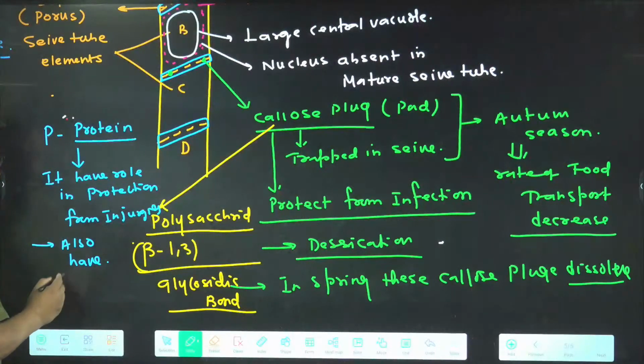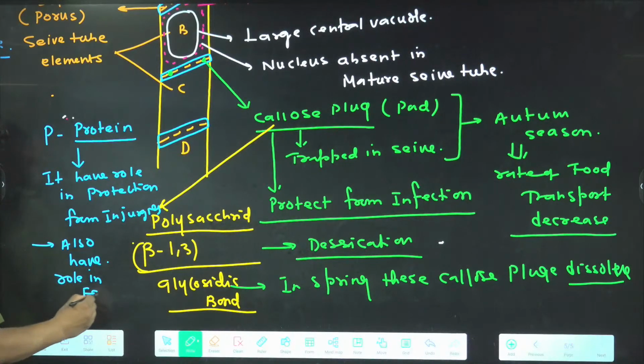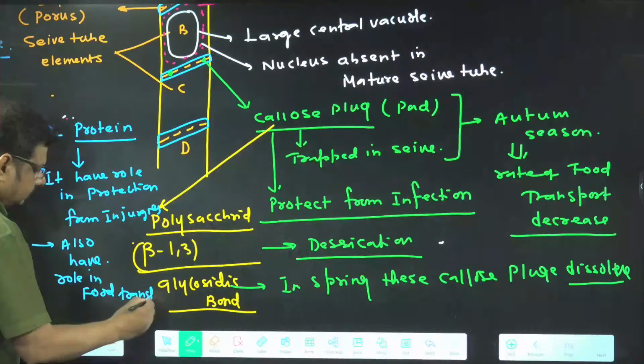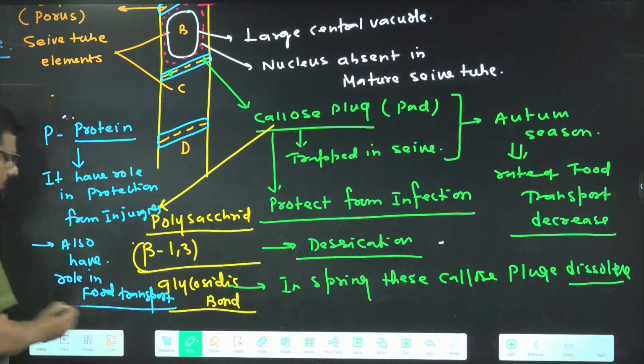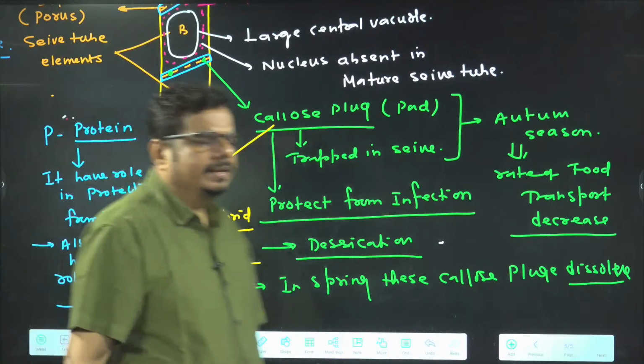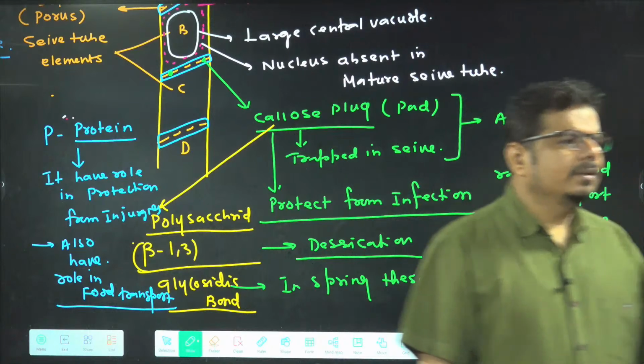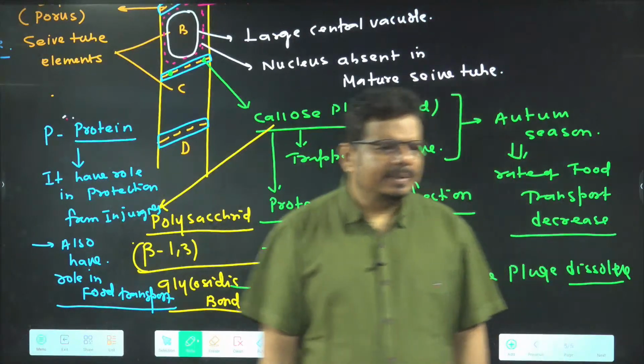Simply keep this line in mind. It also has a role in food transport. So this is P protein. This is the additional information I told you about, which is in phloem, not in NCERT, but I told.